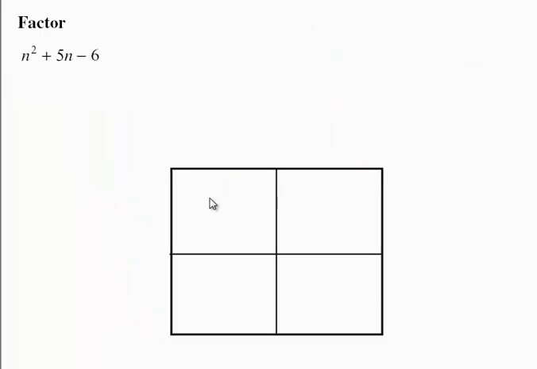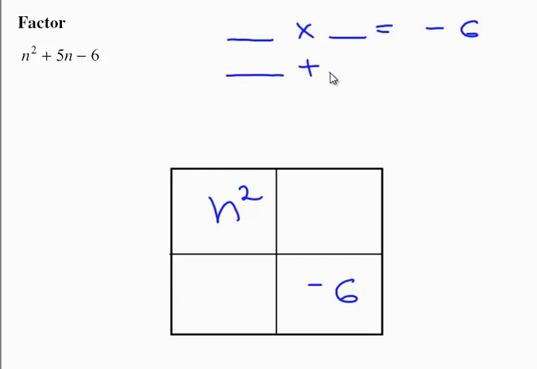Okay, so I start by filling up my boxes. Diagonally, the coefficients multiply to negative 6, so I'm going to look for two numbers that multiply to negative 6. When I combine my terms and add them, I'm going to get 5. So the two numbers are going to be negative 1 and positive 6.